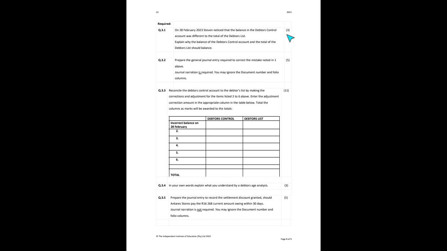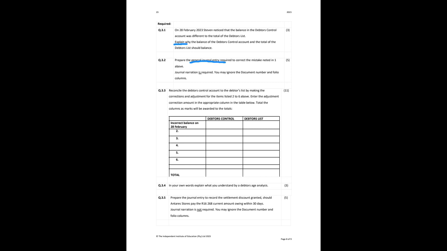Okay, so these are theory questions. This is you must explain for 3 marks. And then for 5 marks, prepare the general journal entry. So again, go and revise your general journals. Make sure you know the correct format for the general journal.